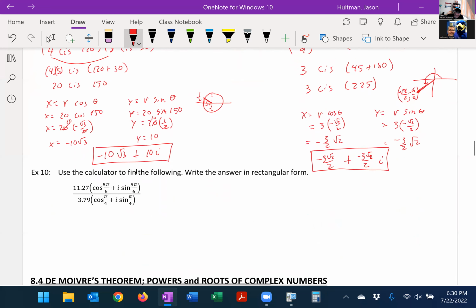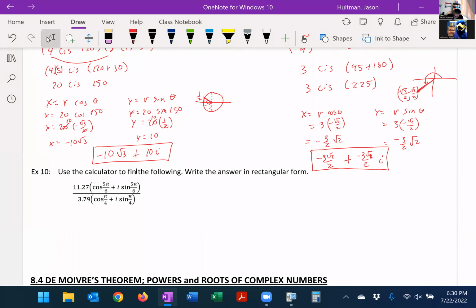Okay, last one. Use the calculator to find the following. Write the answer in rectangular form. So let's put this into cis form. So this is 11.27 cis 5 pi over 6, all over 3.79 cis of pi over 4.